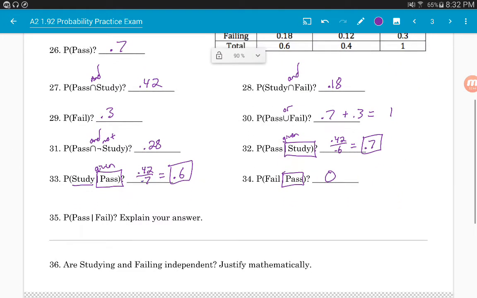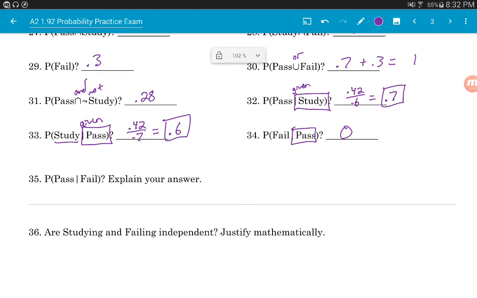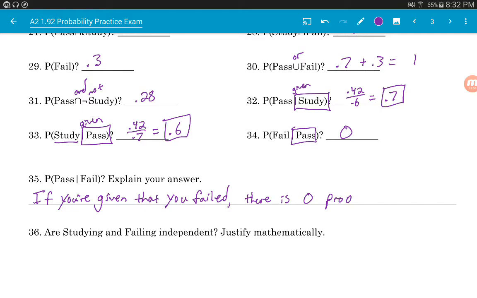Now the next question, probability of pass given fail, explain your answer. If you're given that you failed, there is 0 probability that you passed.